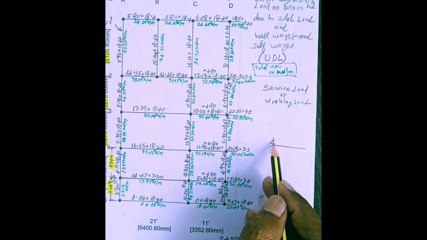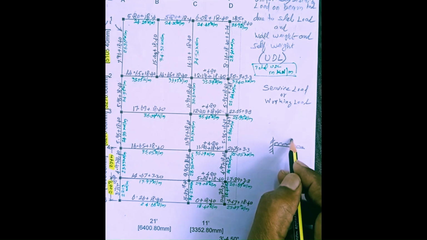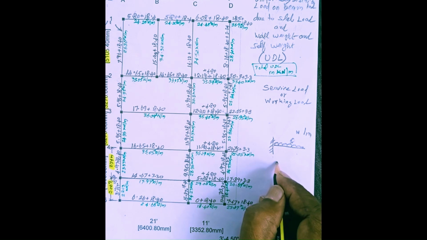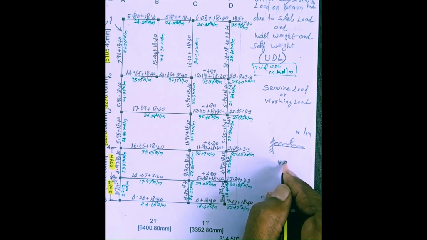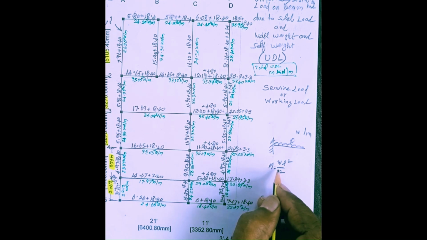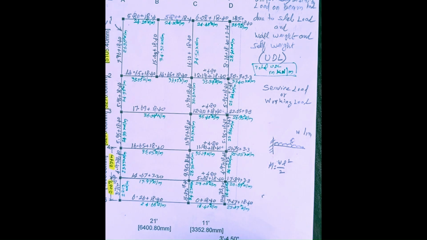For example, you take it, this is a fixed support, this is the cantilever. If this is W per 1 meter, the bending moment at this is WL square by 2, the formula for maximum bending moment at the fixed support.